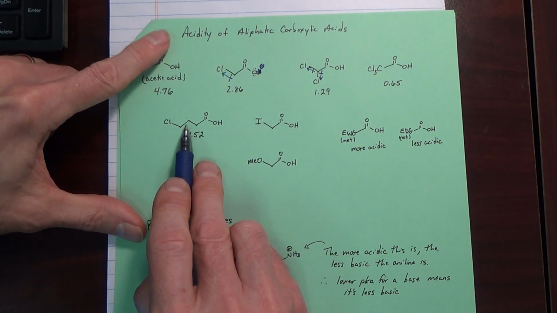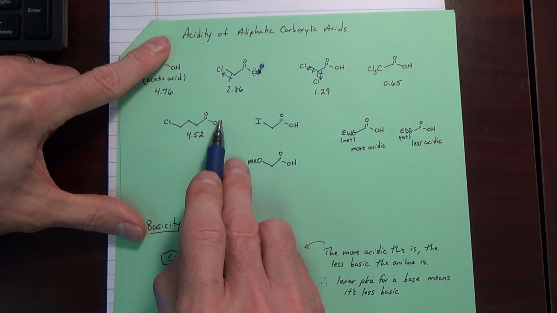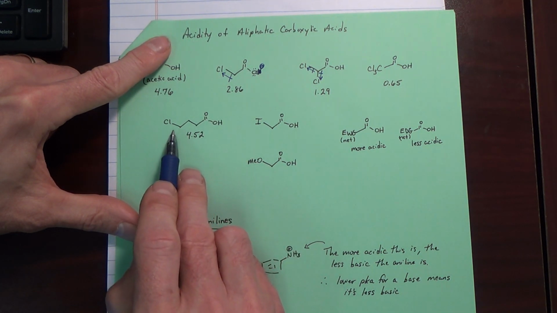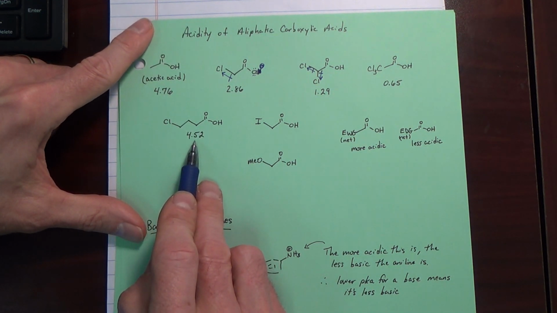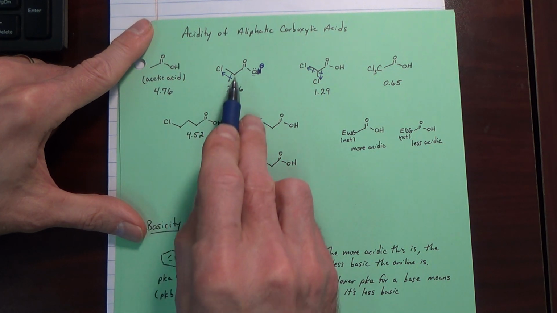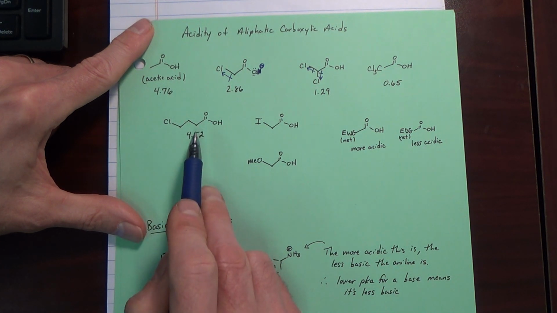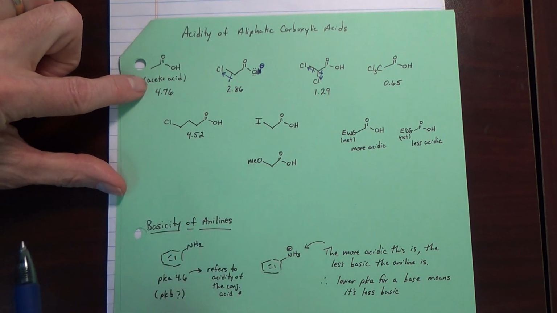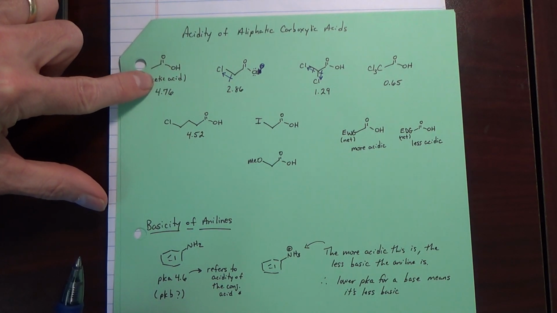If the chlorine is removed away from the carbonyl, away from the acidic site, the more it's removed, the less effect it has. And so this carboxylic acid is not as acidic as this one was. But it is more acidic than if there was no halogen out there at all.